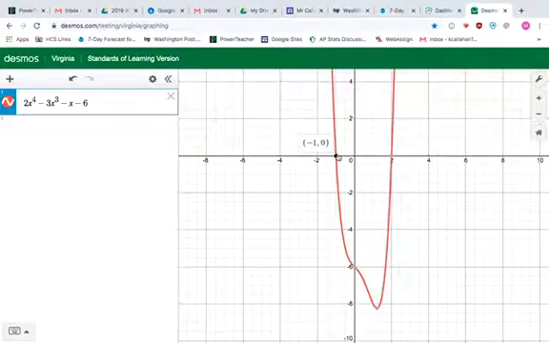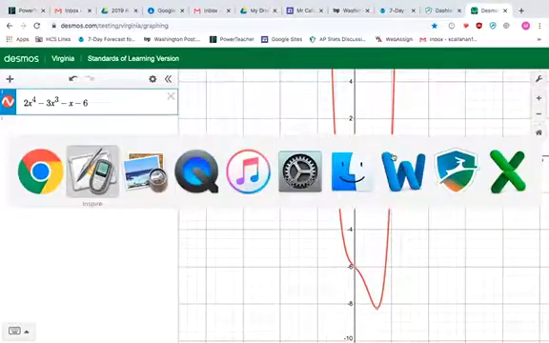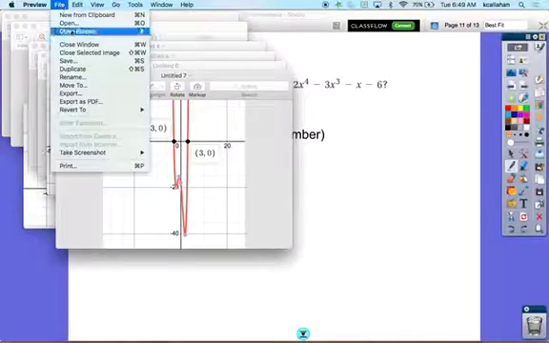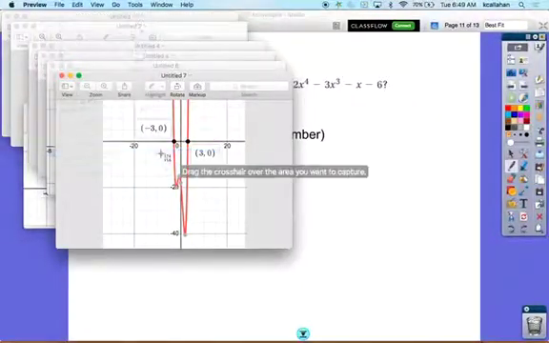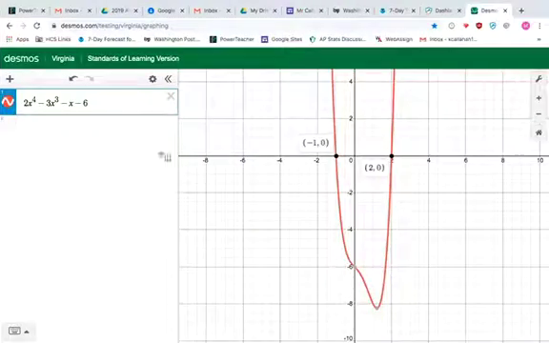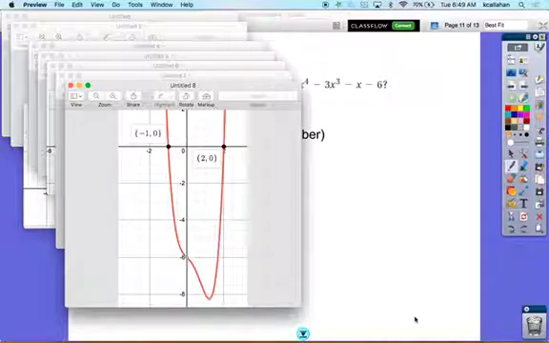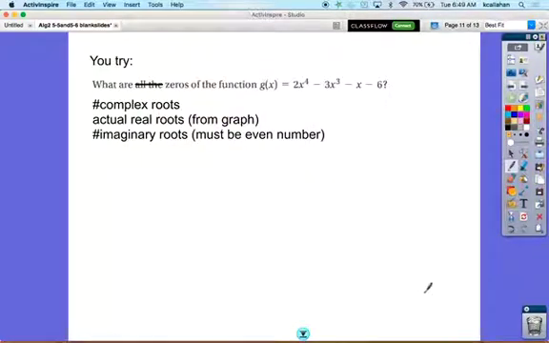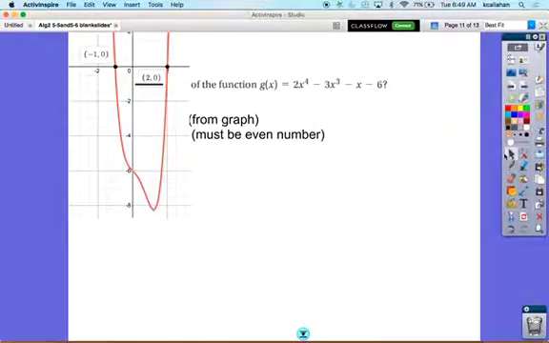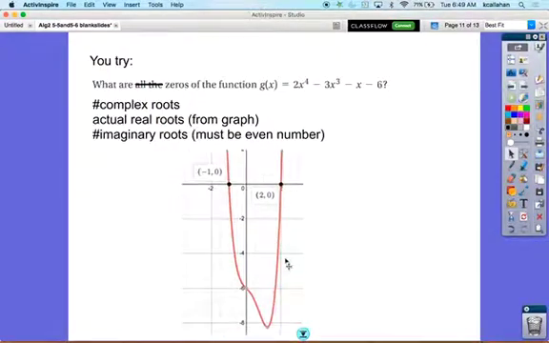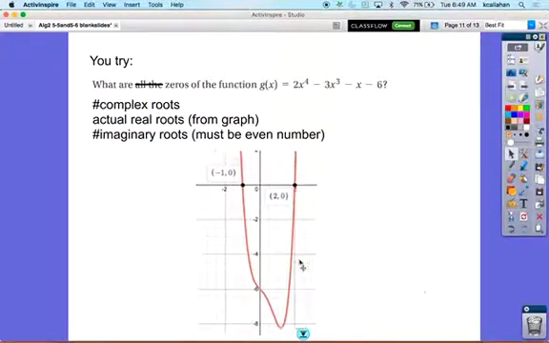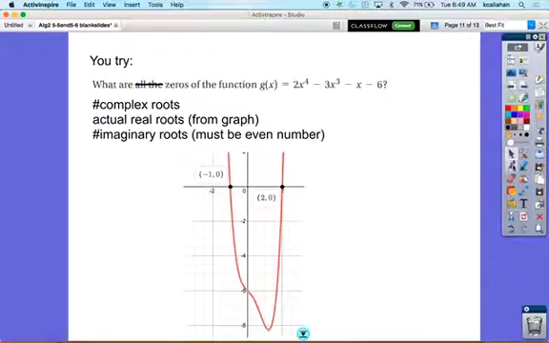Okay, so click and click, and snip. And then answer the questions.